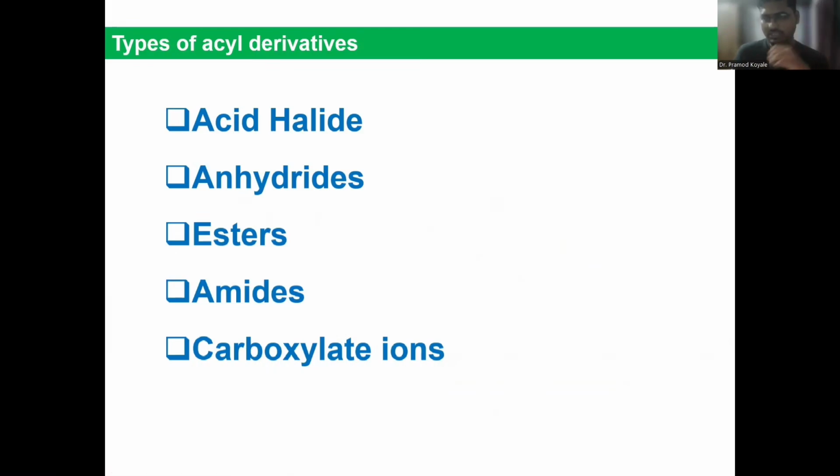They have respective leaving groups. For example, for acid chloride the leaving group is chlorine. Anhydrides have their respective leaving group, esters have an alkoxy group, and amides have an amine. So they have different leaving groups, that is nucleophiles, which lead to the respective acyl derivative.